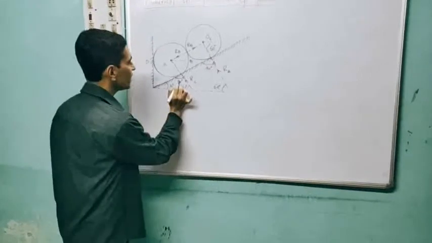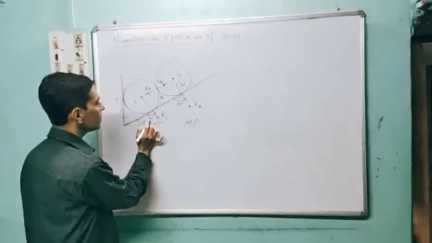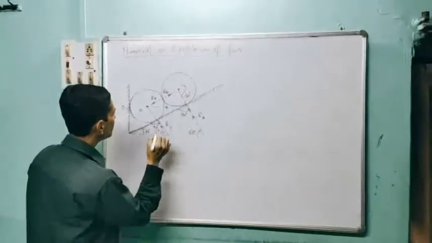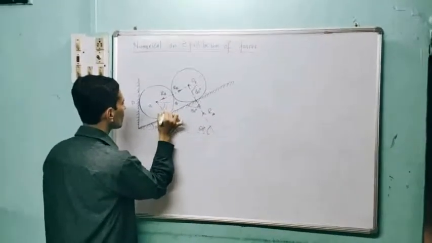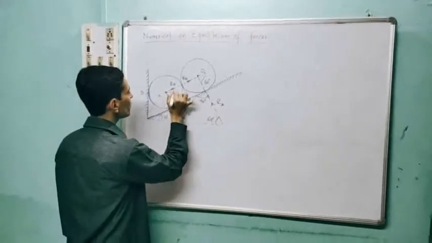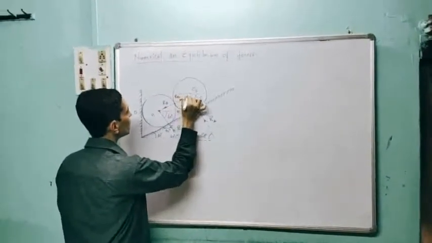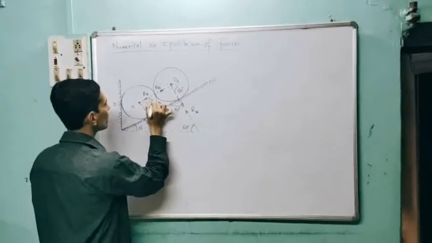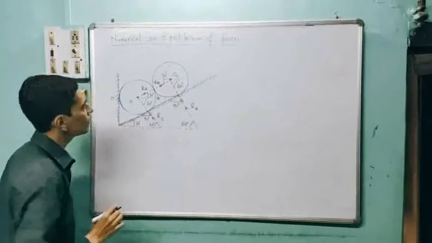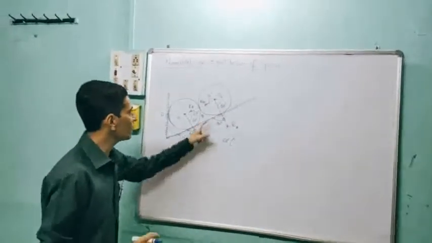If this angle is 90, remaining angle, if we deduct 30, 90 minus 30 gives 60 degree angle, and that 60 degree angle will be over here with respect to x-axis. What is the remaining angle when these two are perpendicular? This angle will be 30, and again the alternate angle 30 is same. Alternate angles are always equal.